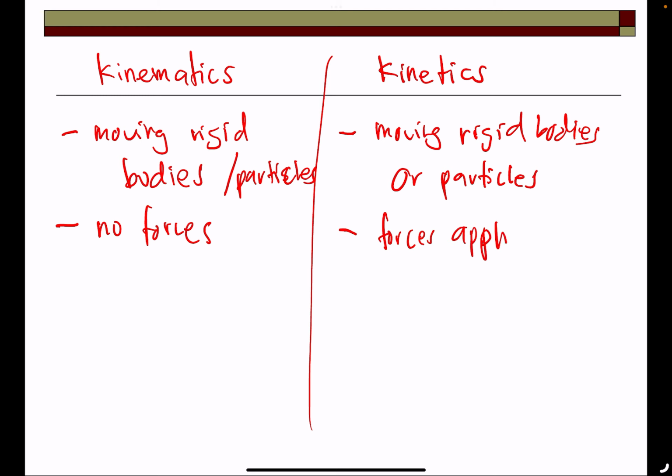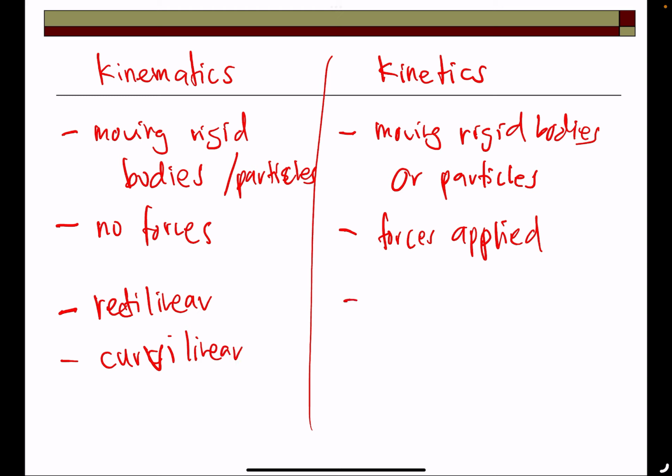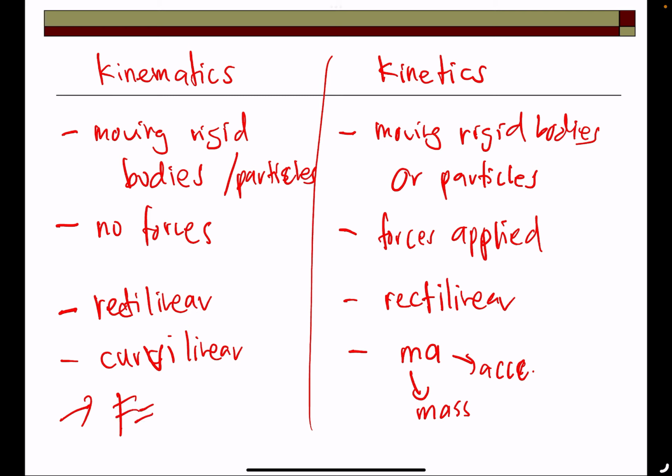So this is the difference between kinematics and kinetics. In kinematics you learn about rectilinear and curvilinear motion, with no involvement of MA, which is the mass and acceleration, so F equal to MA is 0.